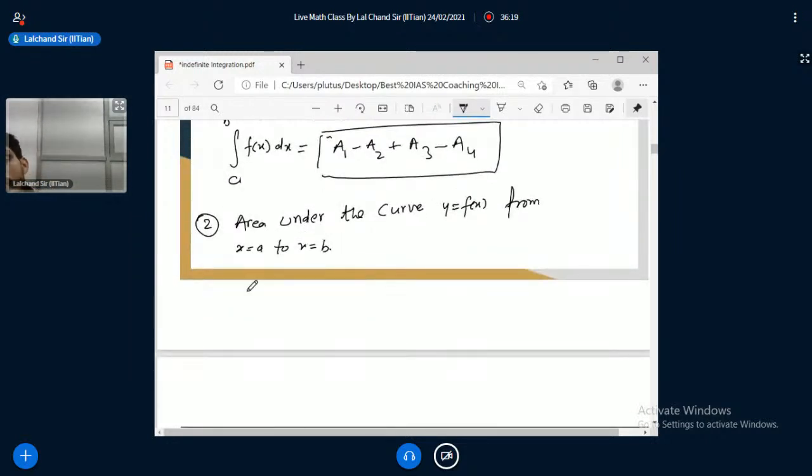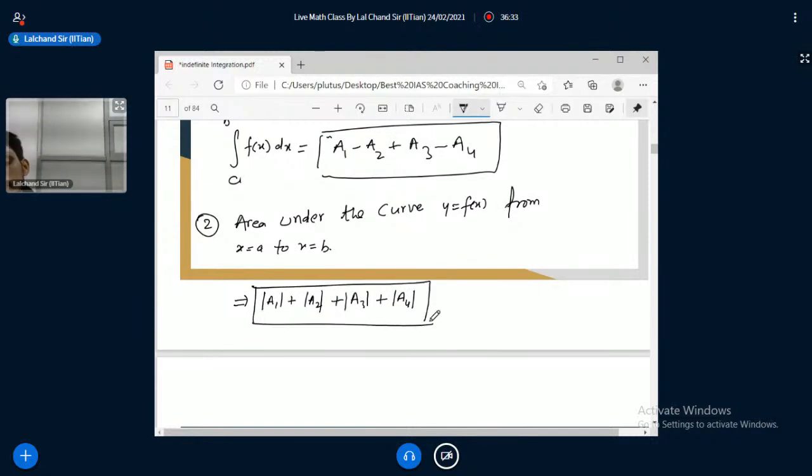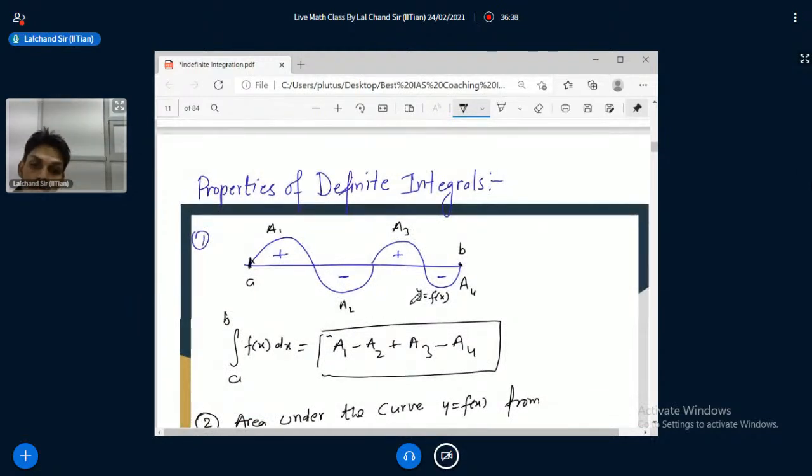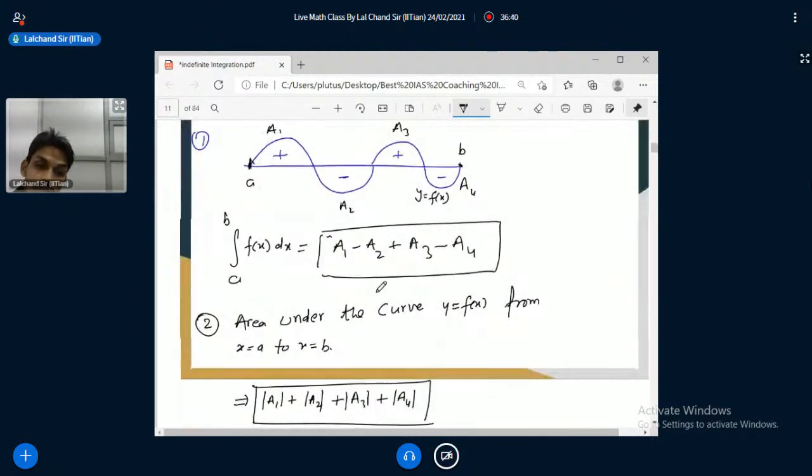So then we have to add each area as mod of A1, mod of A2, plus mod of A3, and plus mod of A4, if area is asked in the question. If definite integral is asked, then we have to consider with sign. Is this clear to you, the difference between area and definite integral?